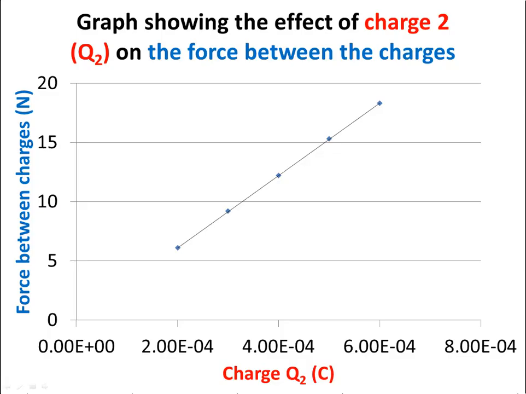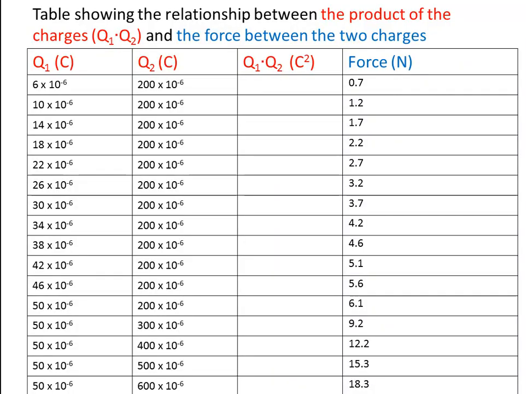And there we found that the force was also directly proportional, in this case to Q2's value, since Q1 was controlled. Now we are actually trying to find out whether, when you multiply Q1 by Q2, and therefore you get a new variable, which is the product of the two charges, Q1 times Q2, is that new variable proportional to the force between the two charges?